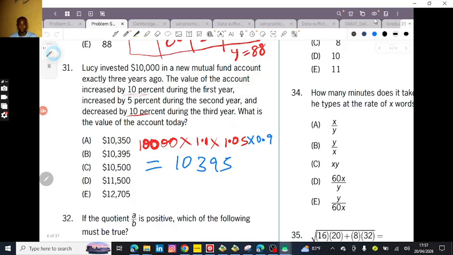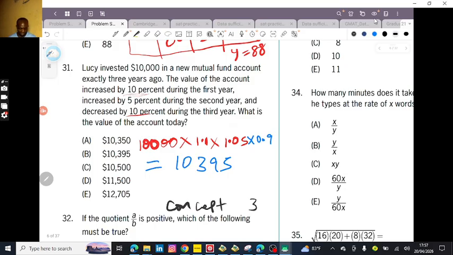So let's take this question together. This is also our concept, the 3rd important concept, where we said concept 3. This long question can be reduced. Lucy invested 10,000 in a new mutual fund account exactly 3 years ago.